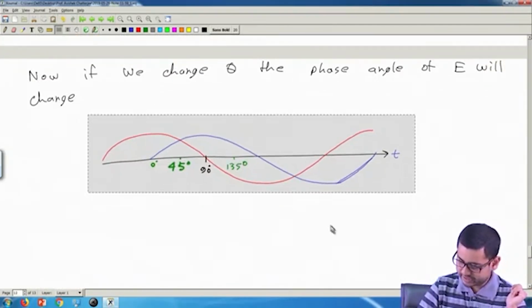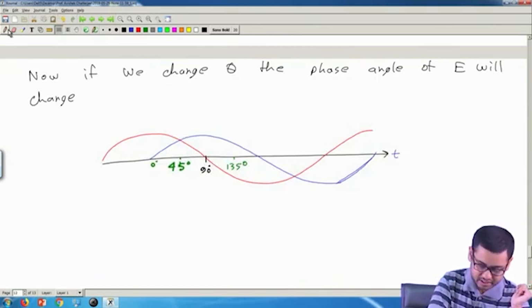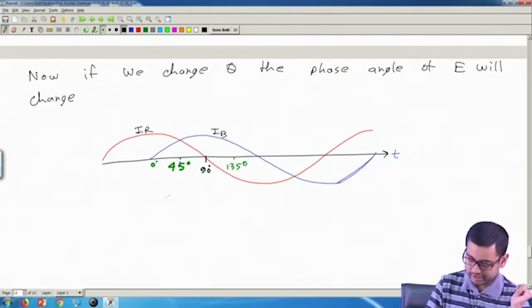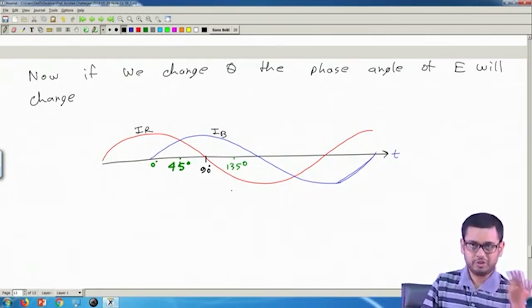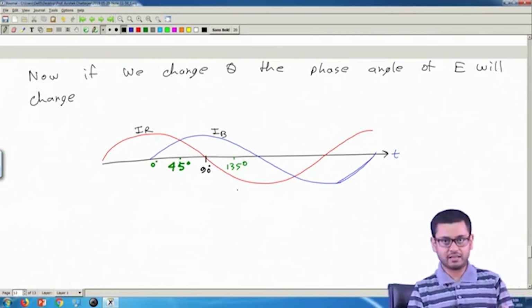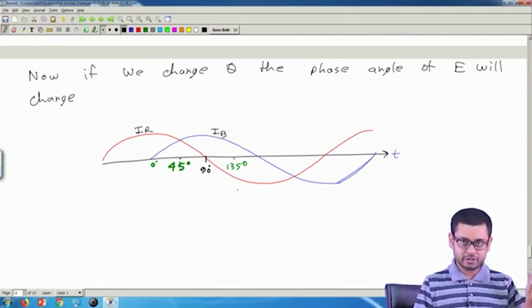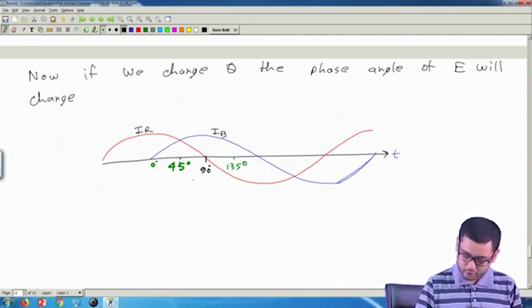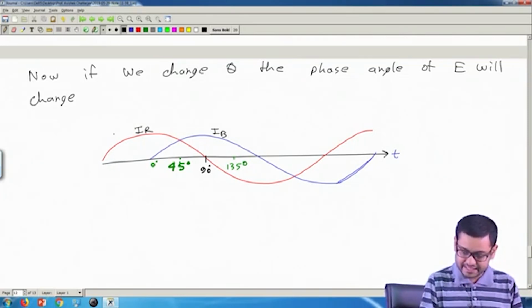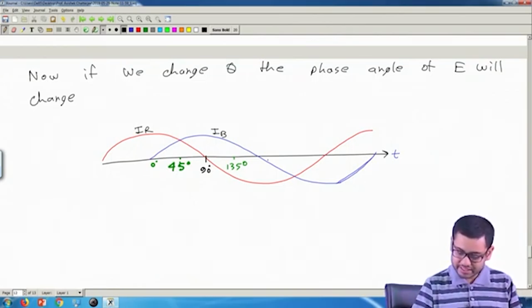So if this is the timing diagram for the two currents IR and IB in the two primary coils, then the third coil, which you can call the secondary because it's like the secondary coil of a transformer, is where some EMF is induced. So this E can change.